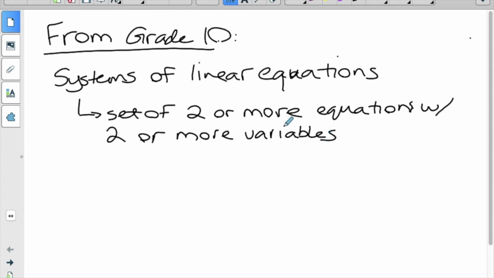And the idea with systems is that as long as you have the same number of equations as variables, the system can be solvable if it has solutions. The solution to a system is the value of each variable that satisfies all equations in the system.